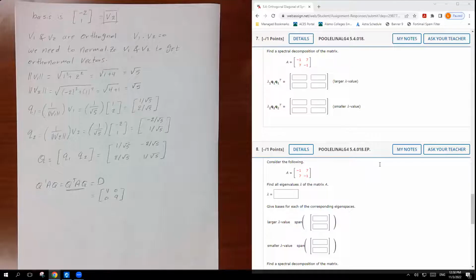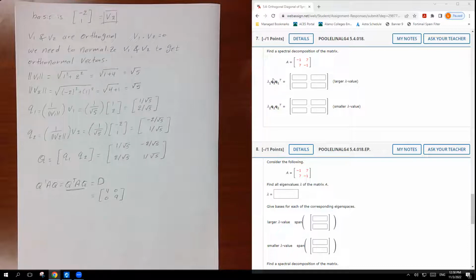For example 7, here is the spectral decomposition, which is lambda 1 times Q1 times Q1 transpose, and lambda 2 times Q2 times Q2 transpose. This is the spectral decomposition. And if you check the slides, you're going to find these two rules with the theorem.